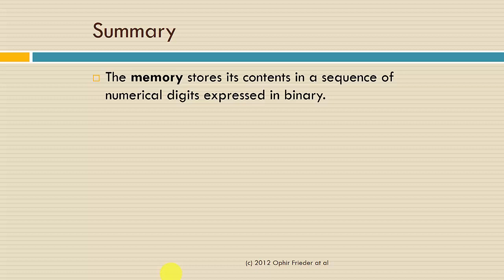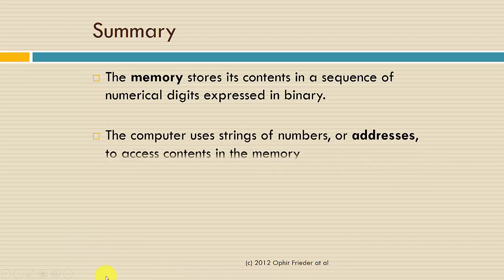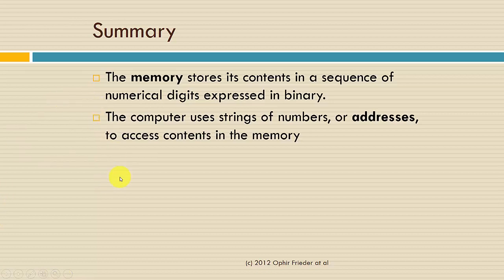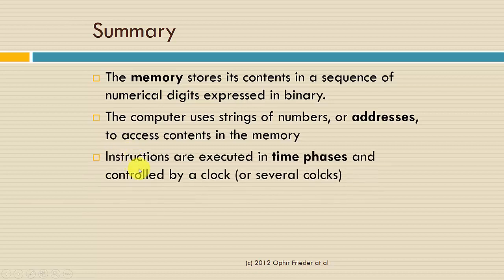That's why we have memory that's volatile, but then we use our drives to permanently store information. The computer uses strings of numbers, or addresses, to access contents in the memory so that it knows how to go find that information. We talked about timing, the fact that there's a timing for instructions, which keeps everything in sync. So as we're processing information, we can make sure that things proceed in an efficient manner.